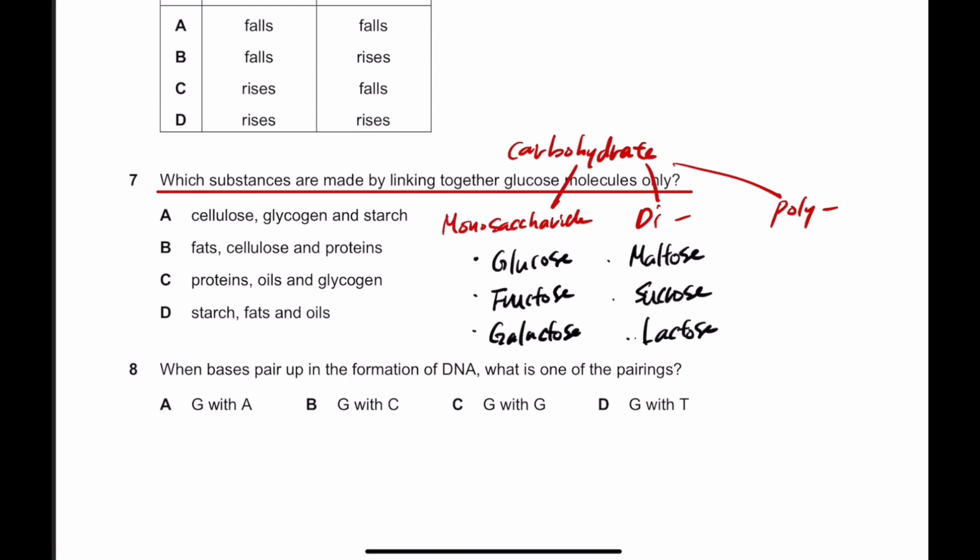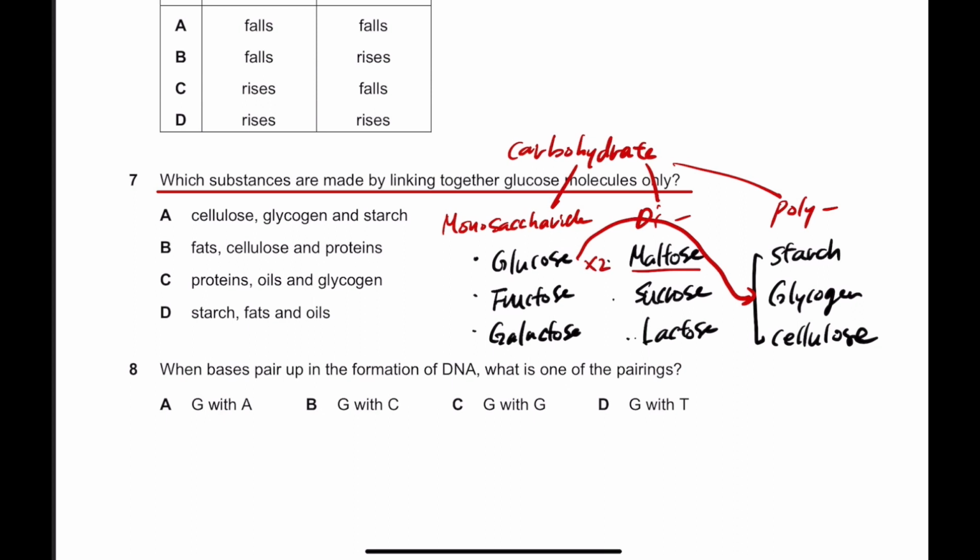And for polysaccharides, you guys should know starch, glycogen, and cellulose. And these guys are made of glucose molecules. Okay, so maltose is actually made of 2 glucose molecules, sucrose is made of glucose and fructose molecule, lactose is made of glucose and galactose molecule.